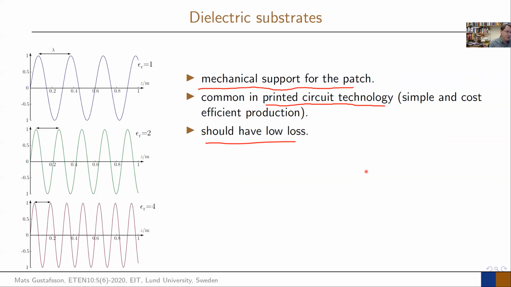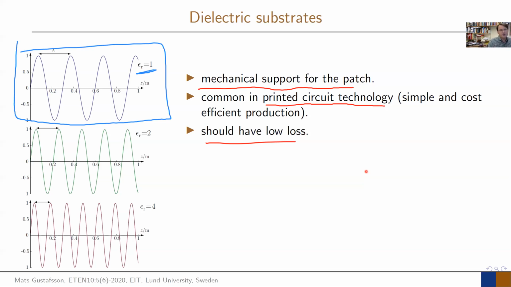And the major effect of having a dielectric inside of your antennas or your electromagnetic fields is that we start changing the wavelengths. So if we think of this first top one here, that is in vacuum or air. Vacuum and air are almost the same in their properties here.